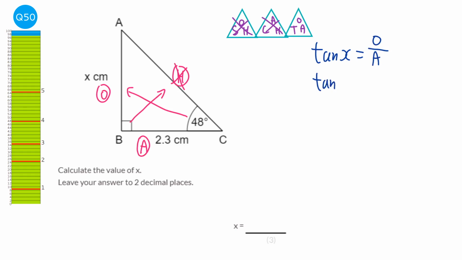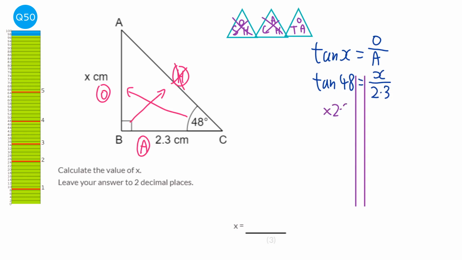So the angle is 48, so tan 48 equals the opposite, which is x, over 2.3. And we're going to put our lines in.